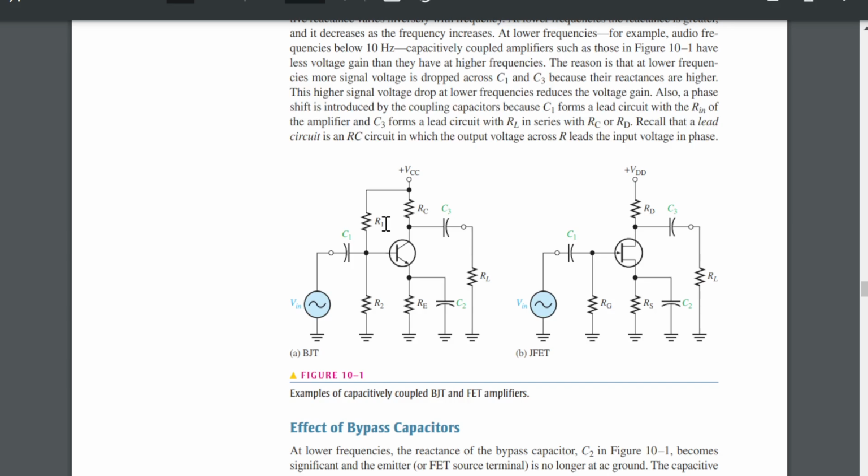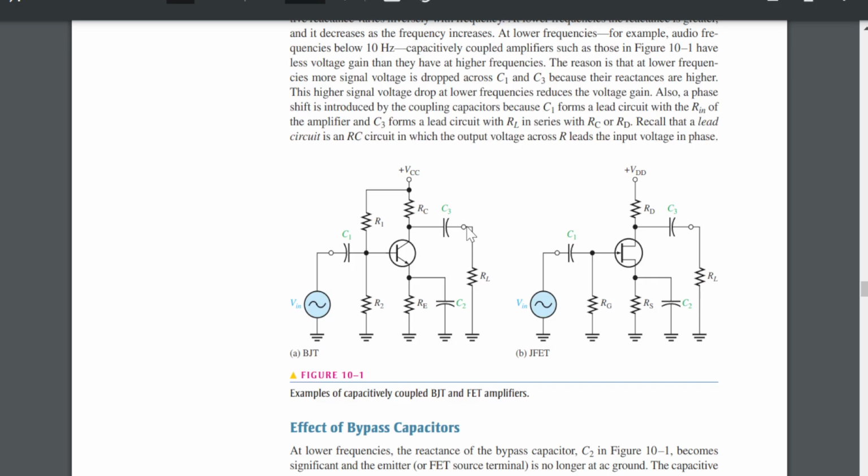At low frequency the capacitive reactance will be large, which means a large voltage drop, and the voltage gain will be low. There is a formula for voltage gain: the ratio of output to input.